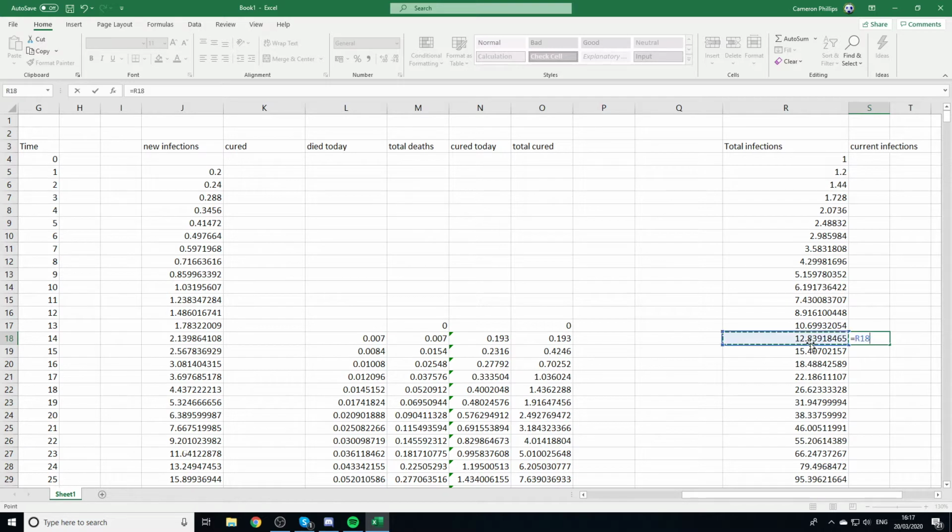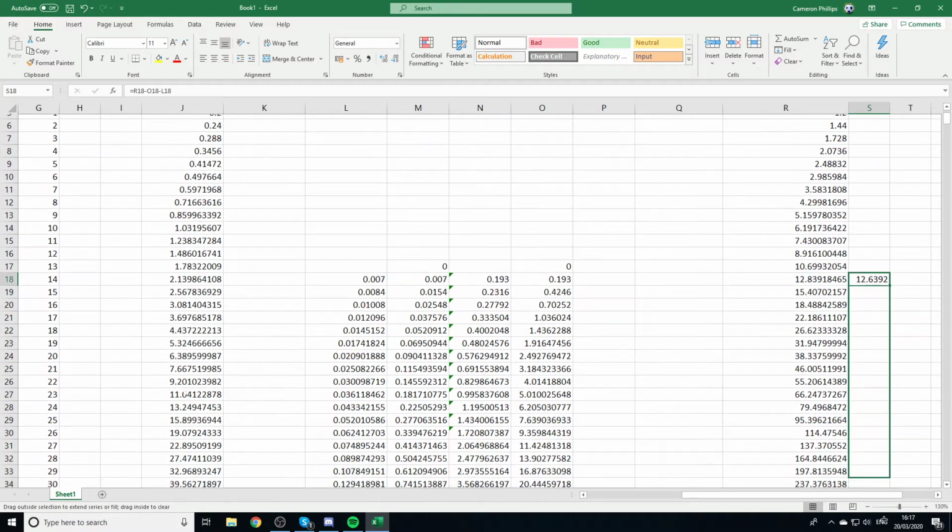So how many people have been infected, total infections. But we do need to take off that total who have been cured, because clearly they can't give it to other people because they've been cured. And also we need to take off the number of people who died because they can't pass it on either. And it should be a little bit smaller, and it is, and I'll copy and paste that down.